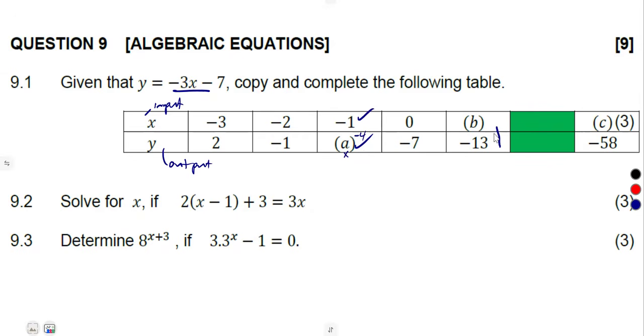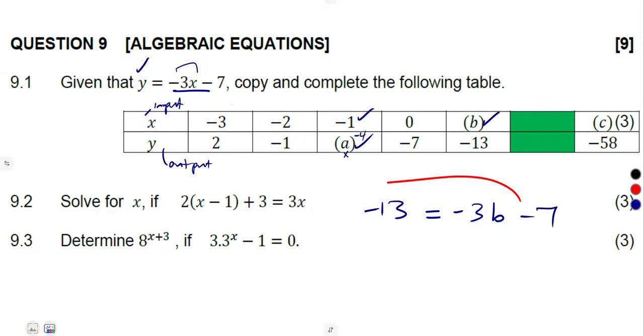B represents x. It is the x value. We are given minus 13 as the y value. So minus 13 is equal to minus 3x minus 7, where what represents x is b. Taking the minus 7 to the other side of the equation, or just add 7 both sides of our equation, that was going to be minus 3b is minus 13 plus 7.